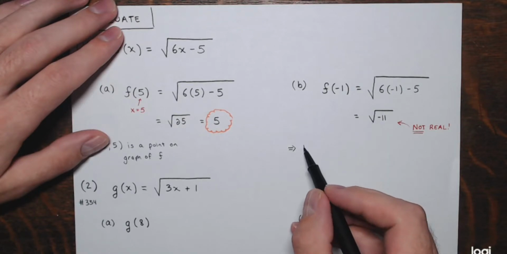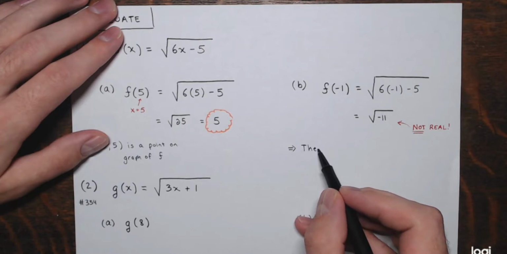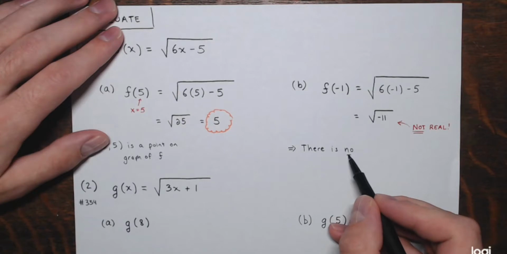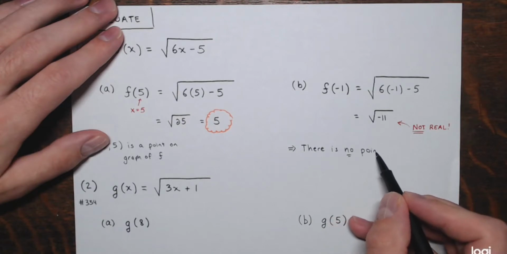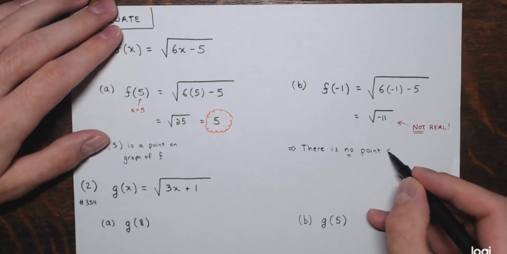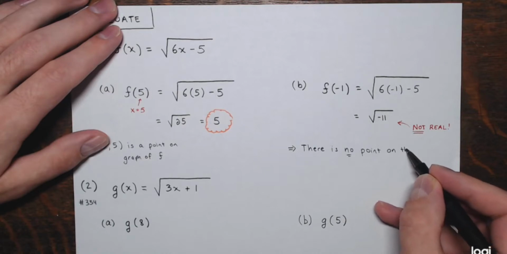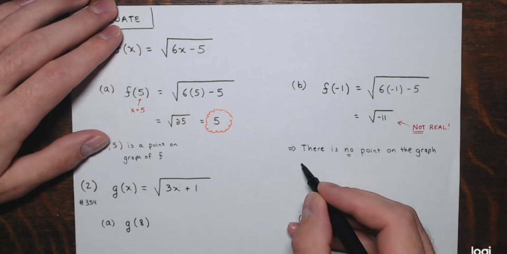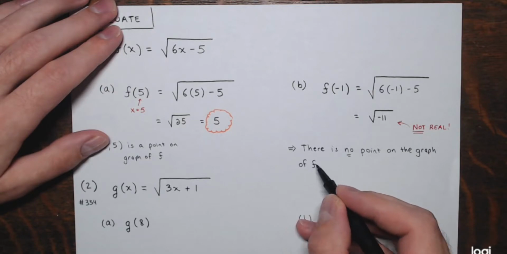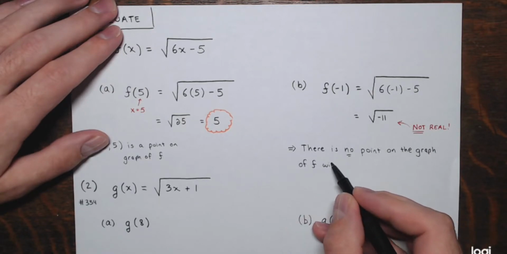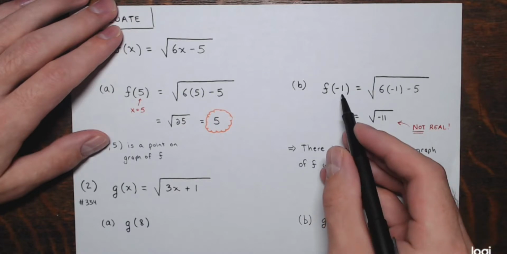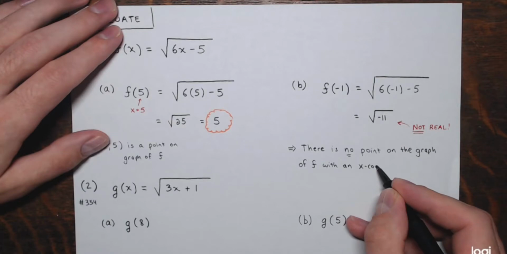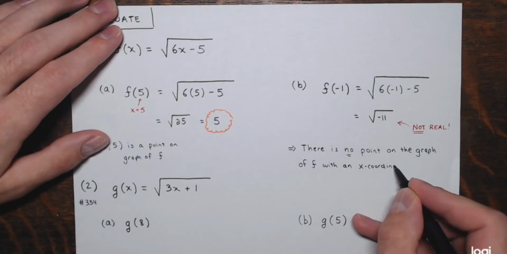So that means there is no point on the graph of f with an x-coordinate of -1, with the input -1.